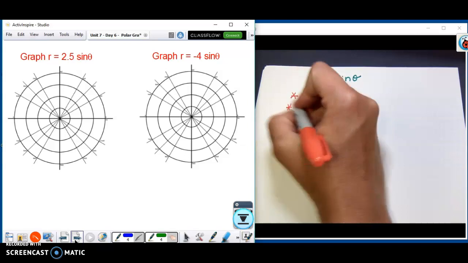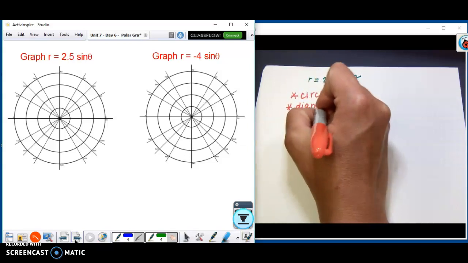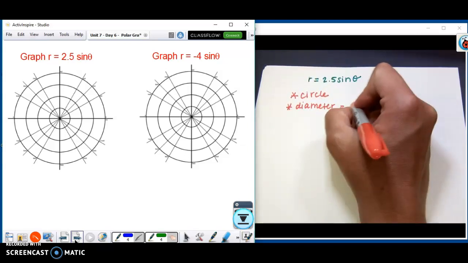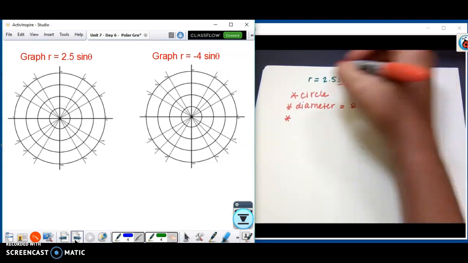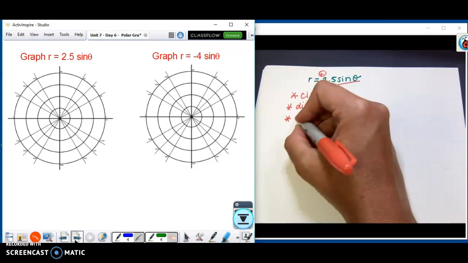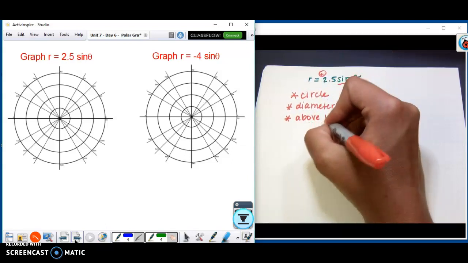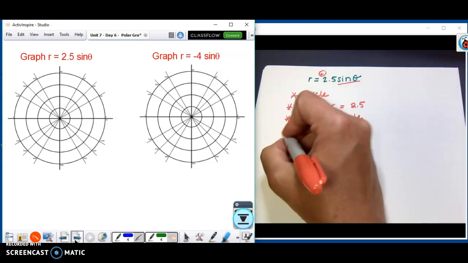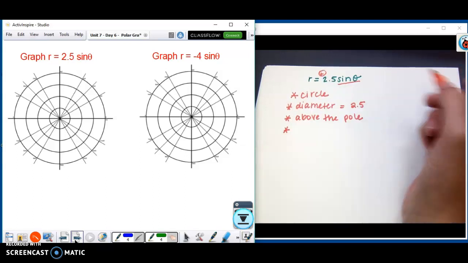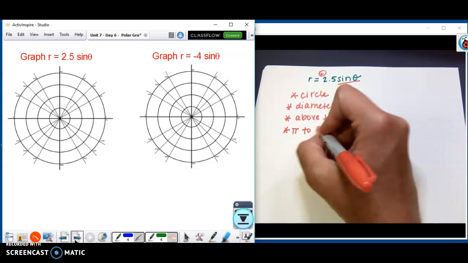The 2.5 out front tells us the diameter. We know because this is sine and this is positive that it's going to have to be above the pole. And then because it's above the pole, it's only going to take the 2 top quadrants, so it's only going to take pi to trace.